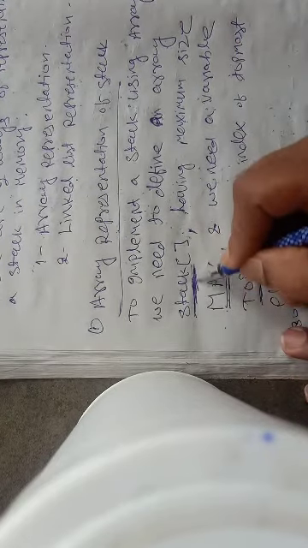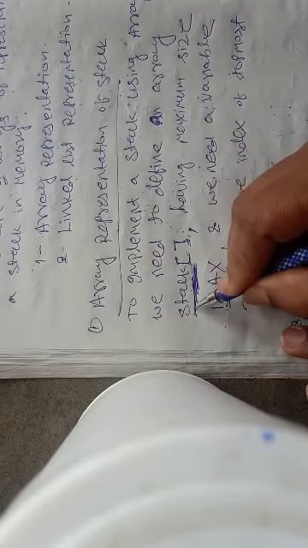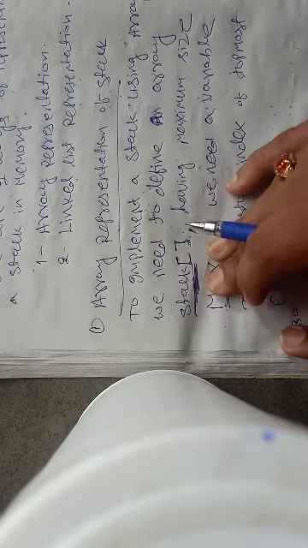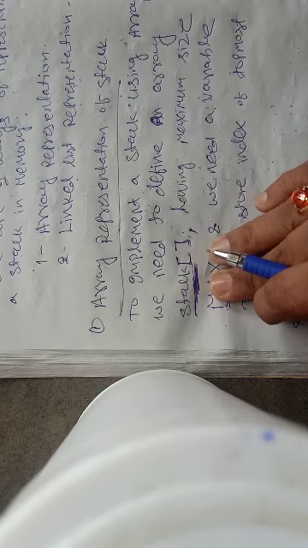Now in order to implement a stack using an array, first of all we need to define an array, and let us assume that the name of the array is stack. Since we create an array, it must have a fixed size, because the size of an array always remains constant.